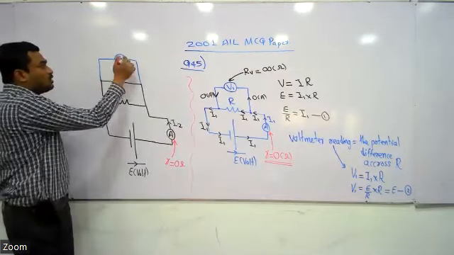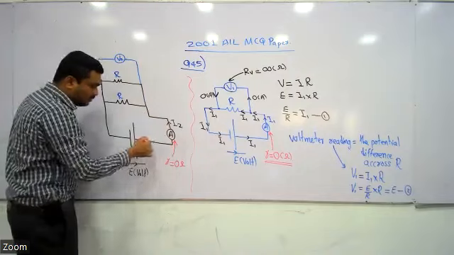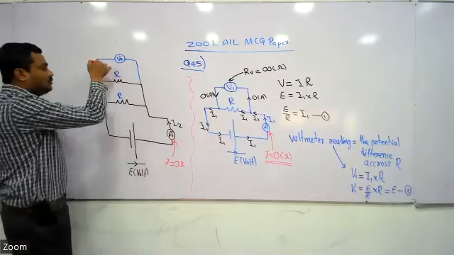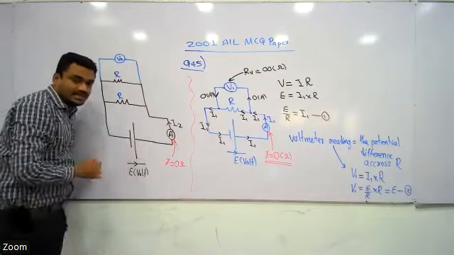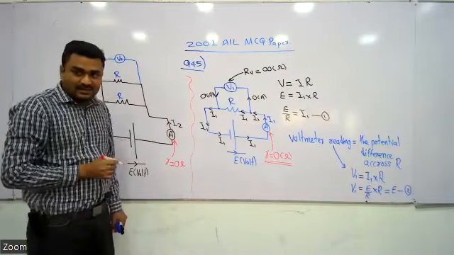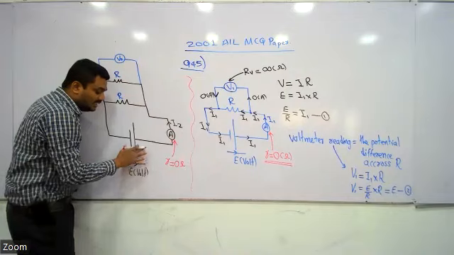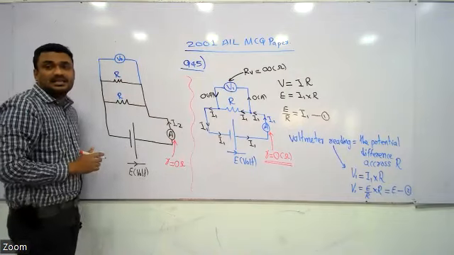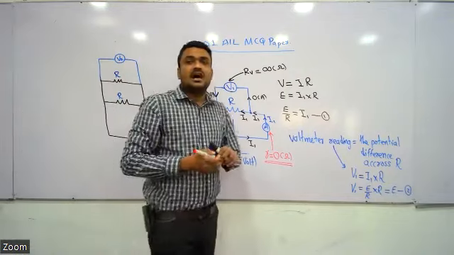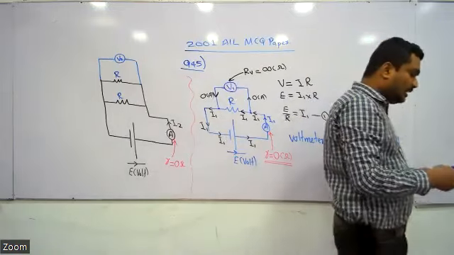So the voltmeter is directly connected to the positive and negative terminals of the battery. Thus the voltmeter reading is equal to the EMF of the battery, capital E. Got it? Star point.